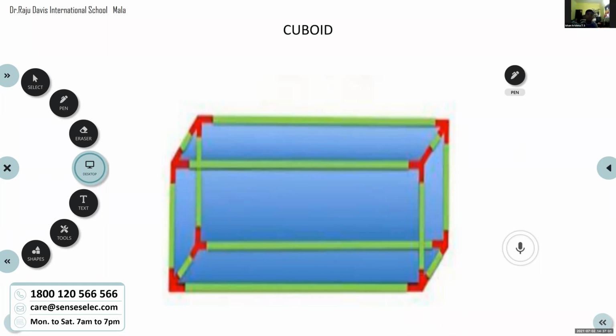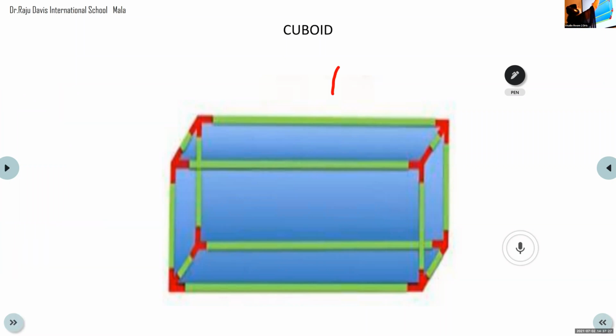That is better. Alna, please unmute. Unmute, dear. What is this shape? Is it square? Is it rectangle? Square, rectangle. See, if I draw like this, you can say it's a rectangle.